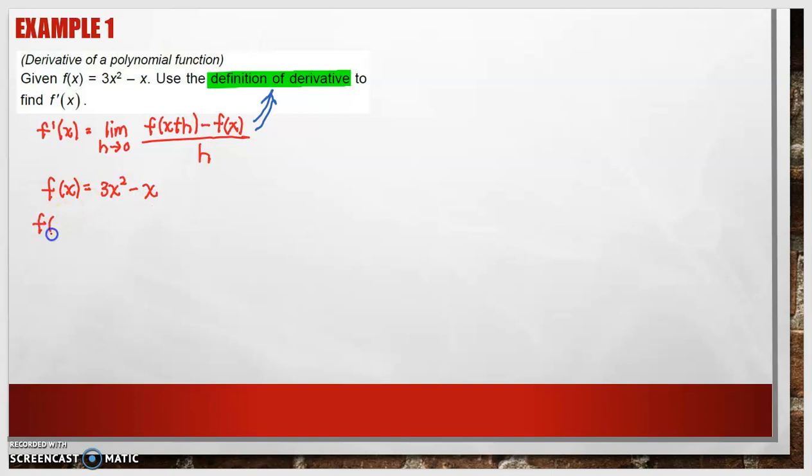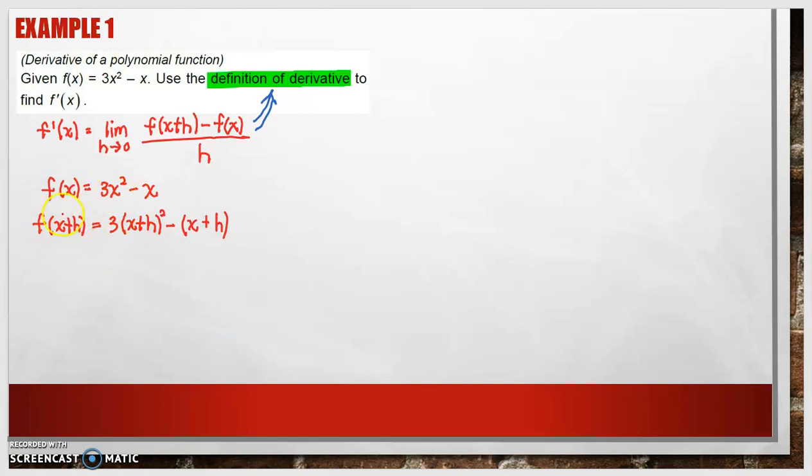So f(x plus h) means that I substitute this x with x plus h. It will become 3 in the bracket (x plus h) squared, minus again x, substituted with x plus h, so put a bracket: (x plus h).